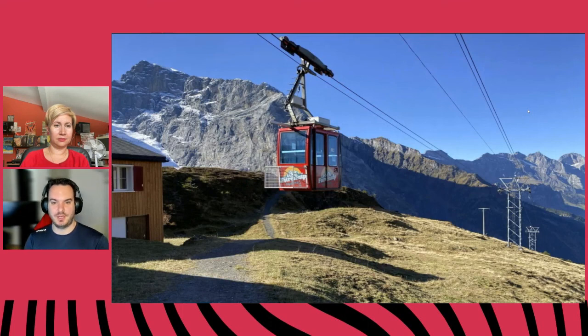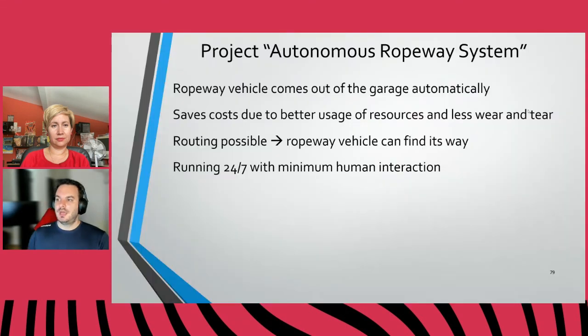So here you can see a roadway vehicle. In Switzerland, we use this literally everywhere, in summer for hiking, in winter for skiing. And the idea of this project is to automate this. We want to make it intelligent, basically to cut costs, cut wear and tear, and make it more user-friendly, running 24/7.